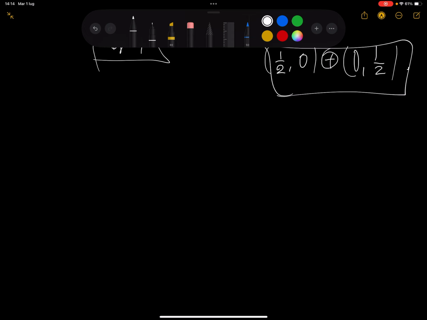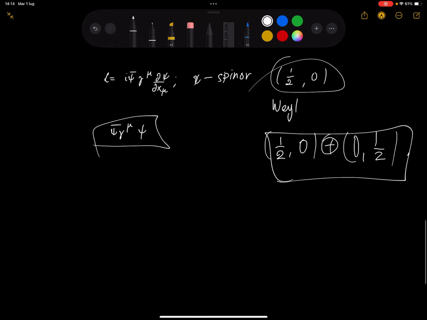So just by using this Lagrangian, we can vary it with respect to the field. So we'll have the Euler-Lagrange equation for fields. I hate this notation, but what can you do?